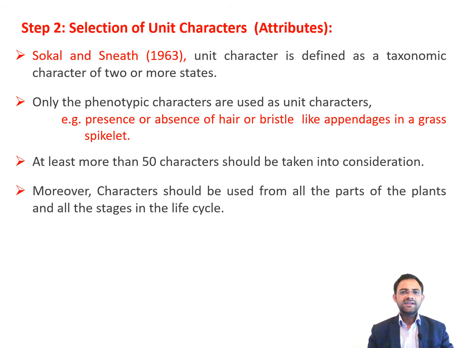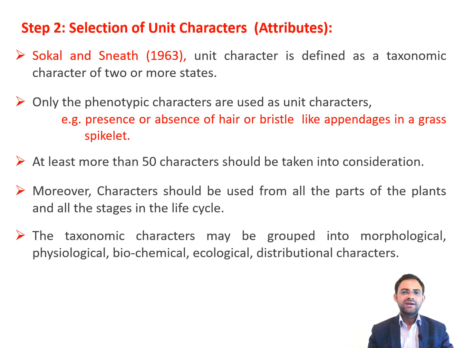Moreover, characters should be used from all parts of the plants and all the stages in the life cycle of the plants. The taxonomic characters may be grouped into morphological, physiological, biochemical, ecological, and distributional characters.